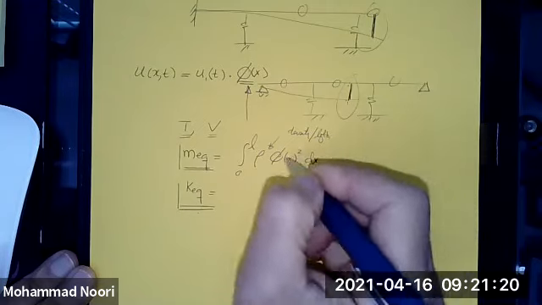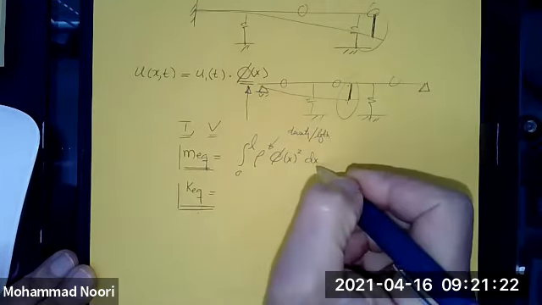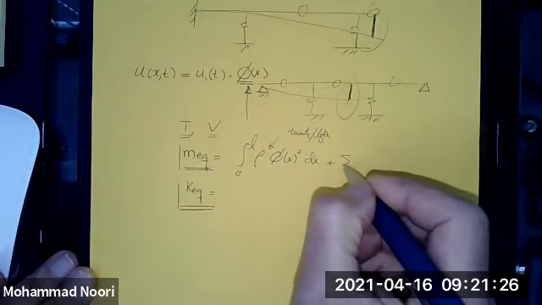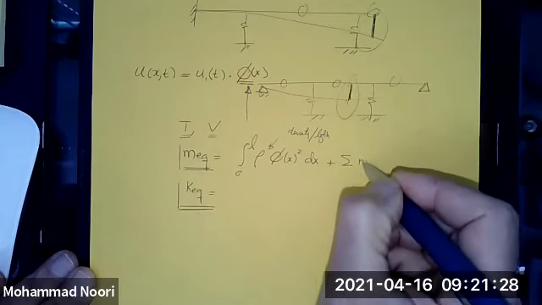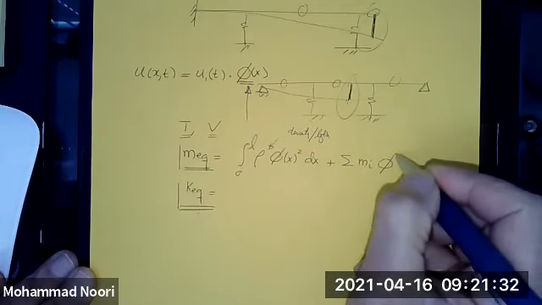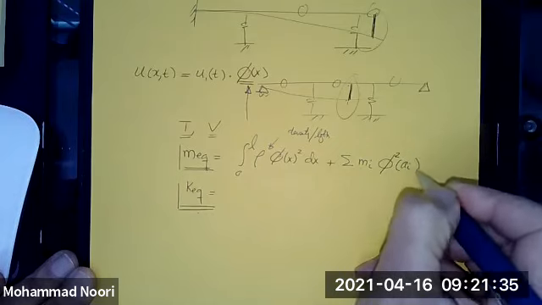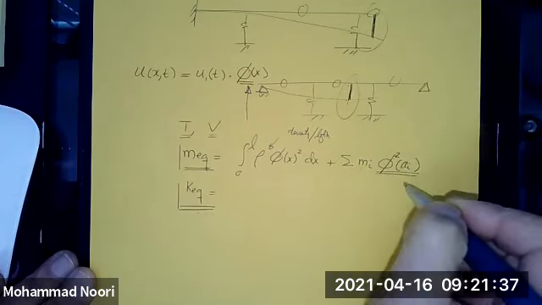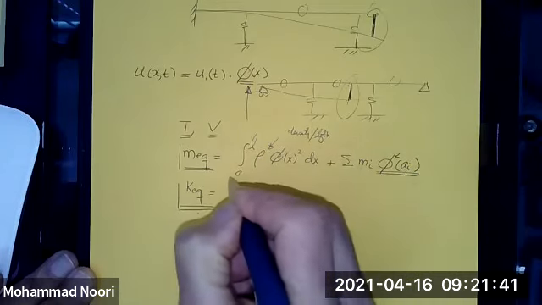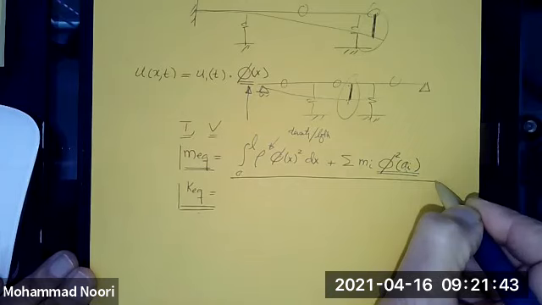So if you're given the density per volume, multiply that by the cross section, plus the contribution of those lumped masses, which come down to each of those masses times the square of this shape function evaluated at the location of that mass. So this is how you find the equivalent mass.